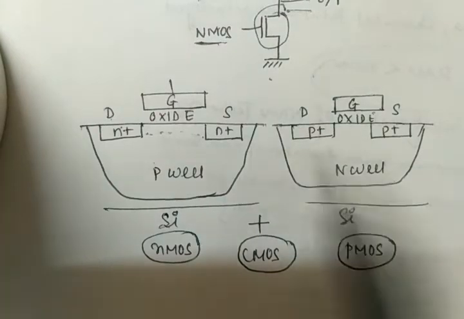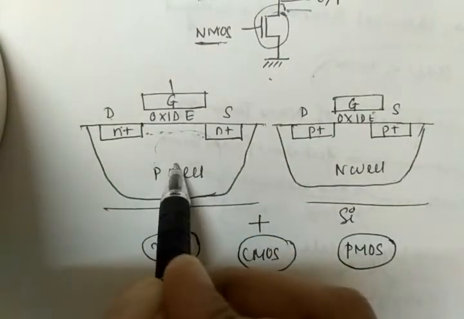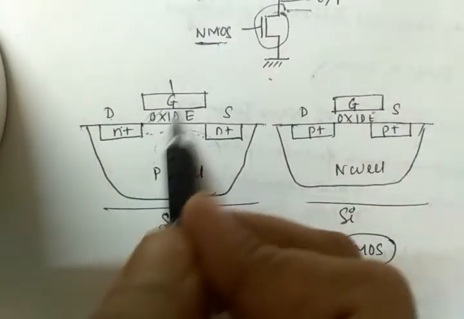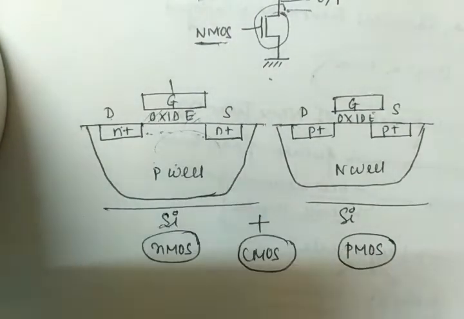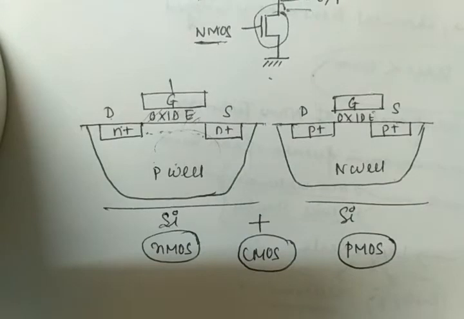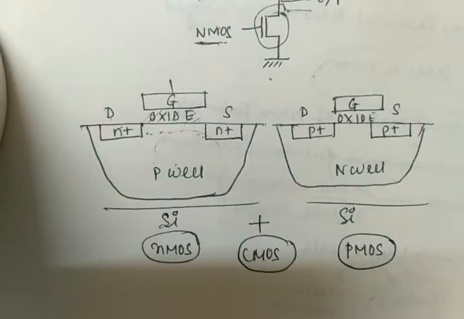And you all know that the gate is not directly connected to the substrate. There is an insulating layer. And what is this insulating layer? This is nothing but the oxide layer, made of silicon dioxide.